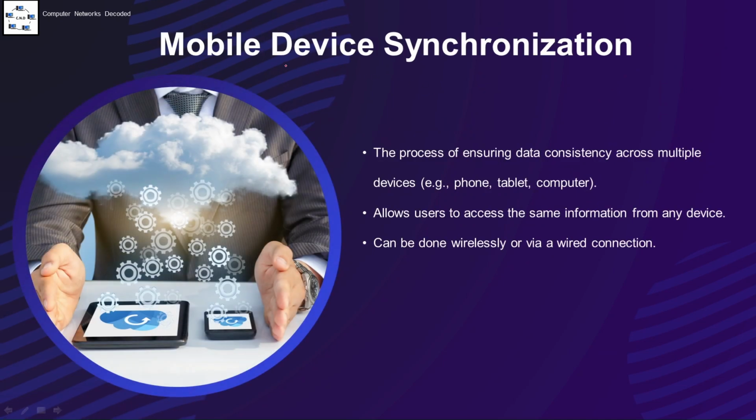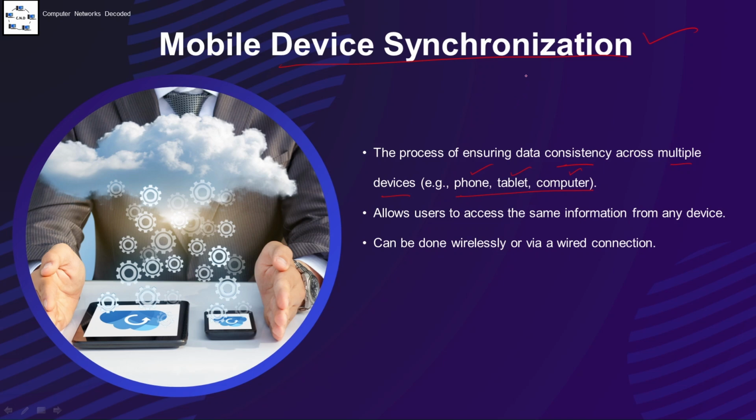Our next topic is the mobile device synchronization. So it is basically the process of ensuring data consistency across multiple devices such as phone, tablet, and computer. So a single employee or a single person may use multiple devices, such as a phone, a tablet, as well as a computer.